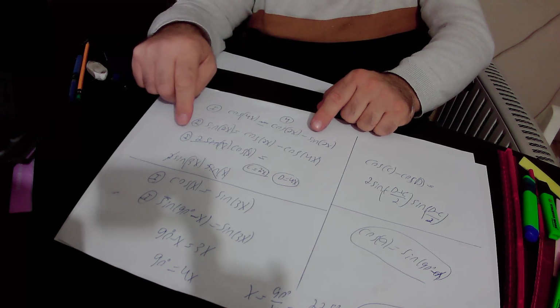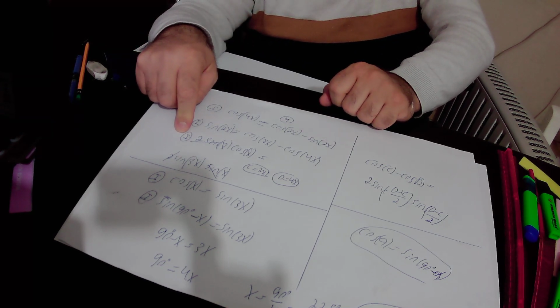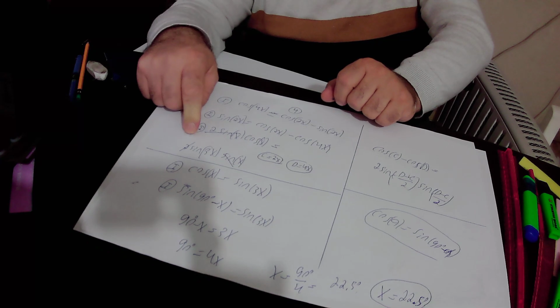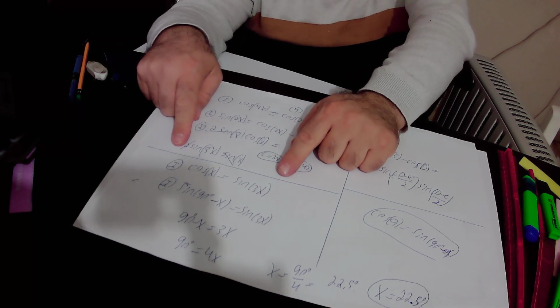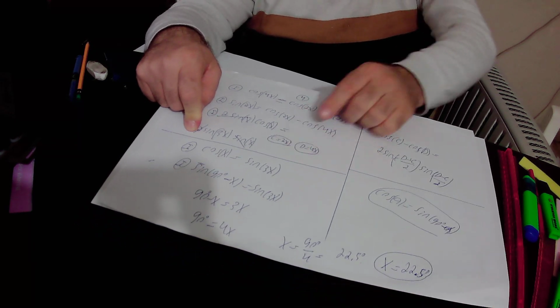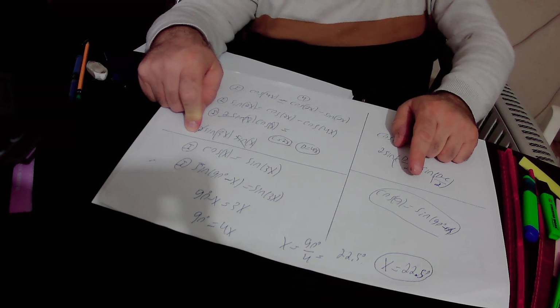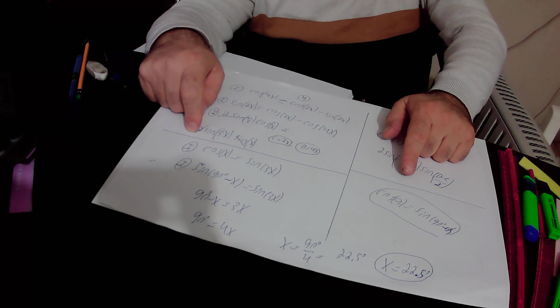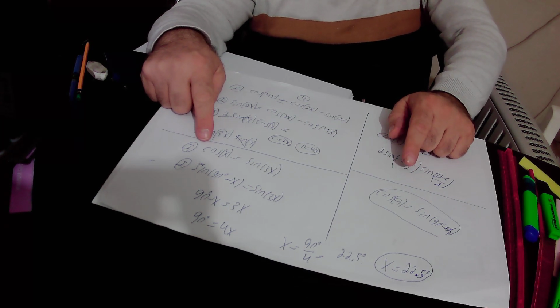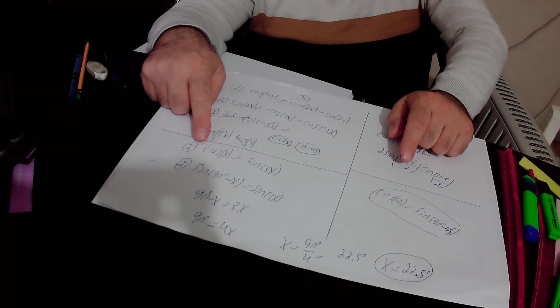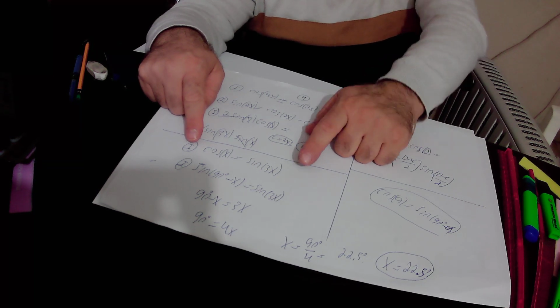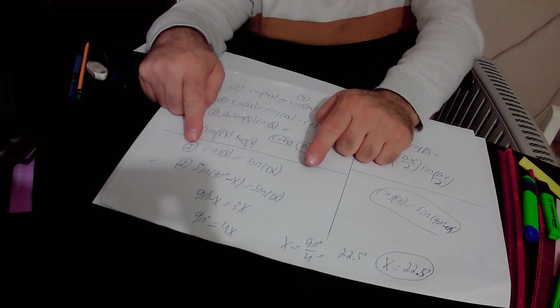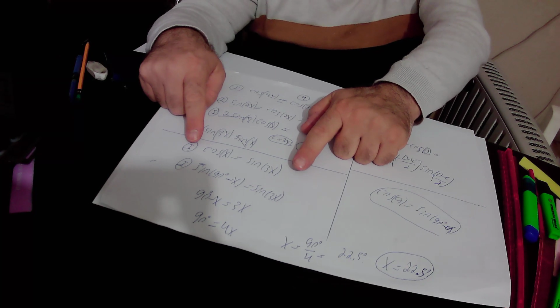Then we divided this equation number 1 by 2 sine x, and we got that cosine x equals sine 3x. And we have the trigonometric identity that cosine alpha equals sine 90 degrees minus alpha. So according to this trigonometric identity, we will get that cosine x equals sine 90 degrees minus x. So in conclusion, sine 90 degrees minus x equals sine 3x.